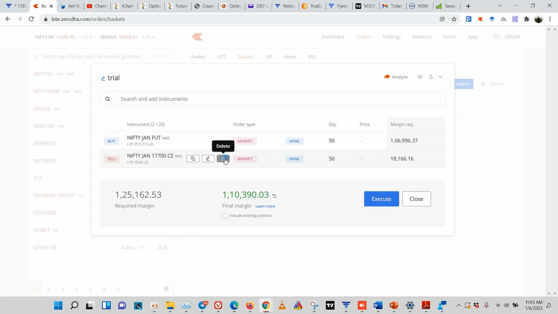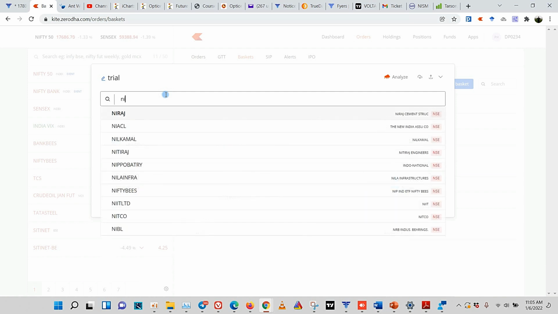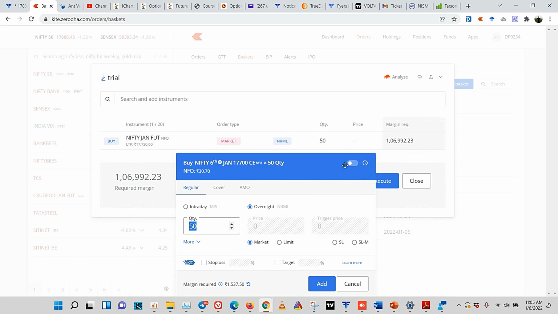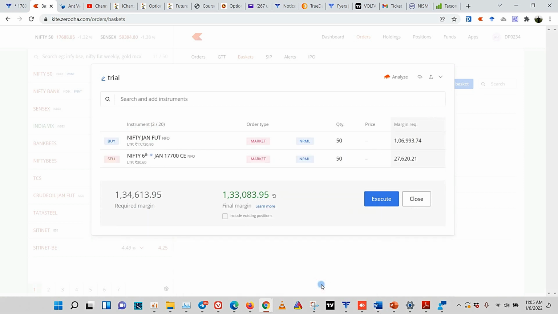Extra margin requirement is not increasing too much. If we short weekly option, 17,700 call sell, here our margin requirement is higher. Why is it higher? Because protection provided by Nifty 17,700 call is less. Because of this, margin requirement is higher.